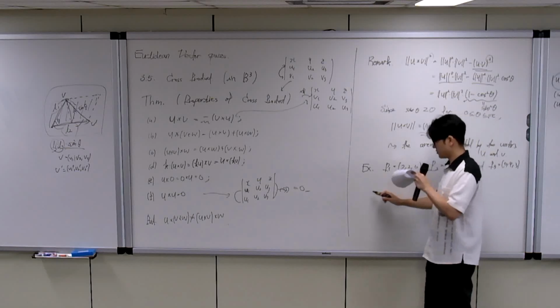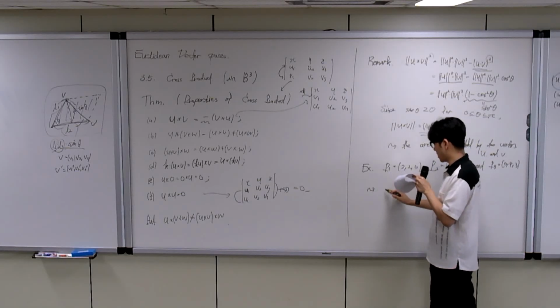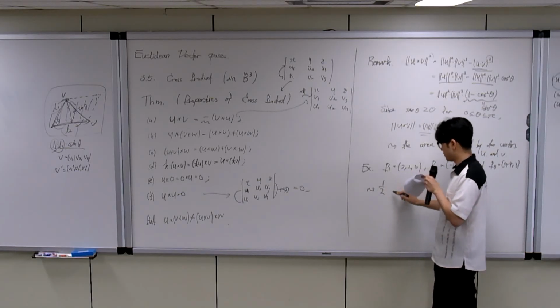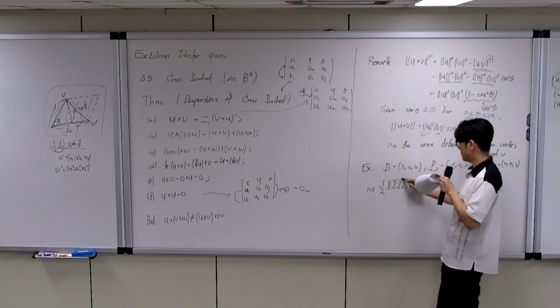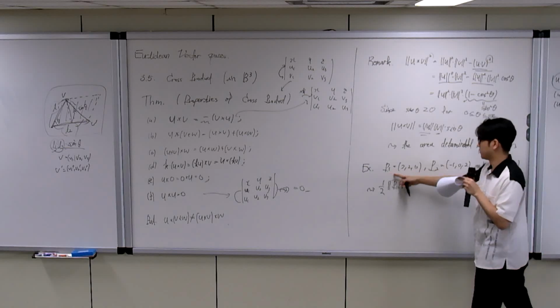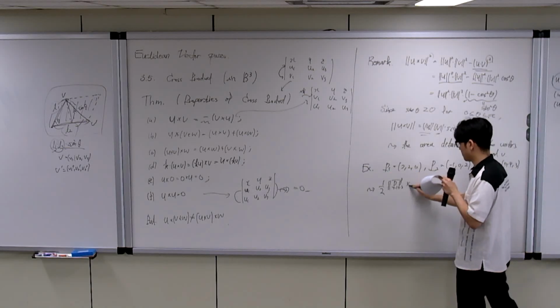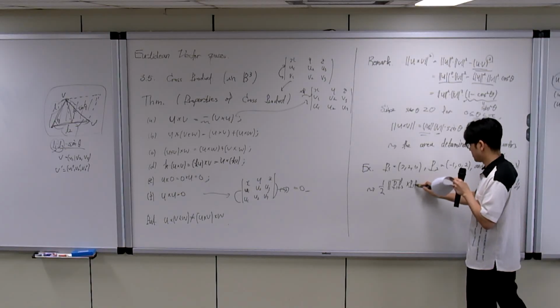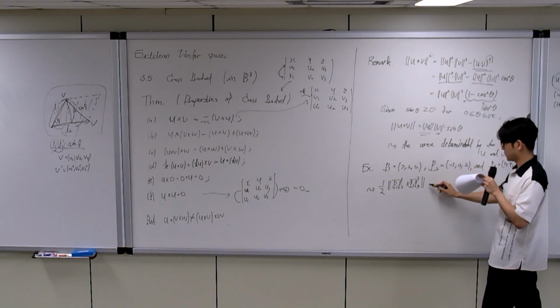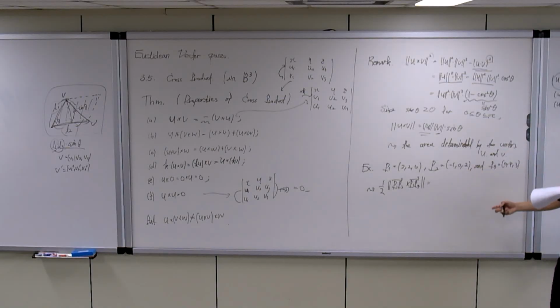Then by calculating 1/2 of the cross product of the vectors P1 to P2 and P1 to P3, you might be able to calculate it.